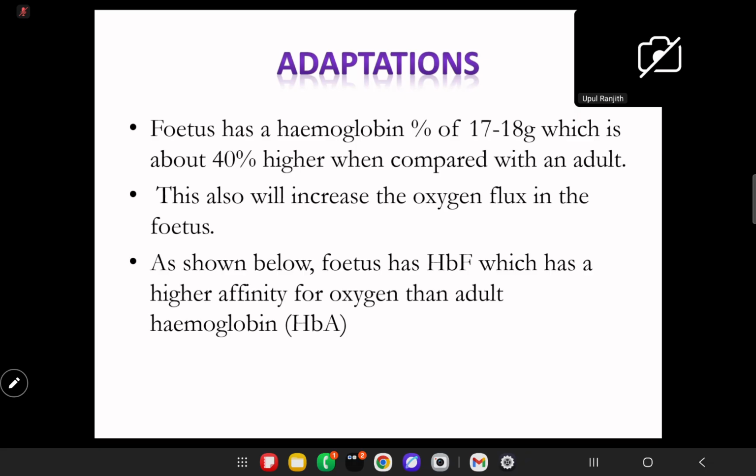As shown below, the fetus has HbF, which has a higher affinity for oxygen than adult hemoglobin. The P50 is 18 millimeters of mercury in fetal hemoglobin, which means higher affinity. Therefore, the fetus can extract oxygen from the maternal adult hemoglobin.